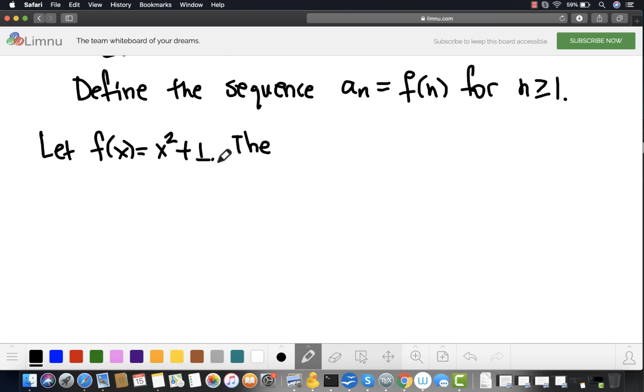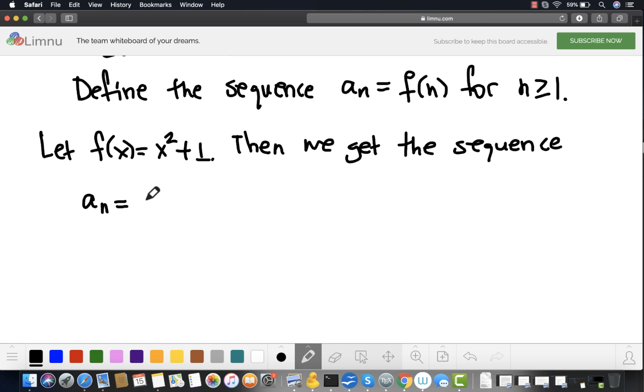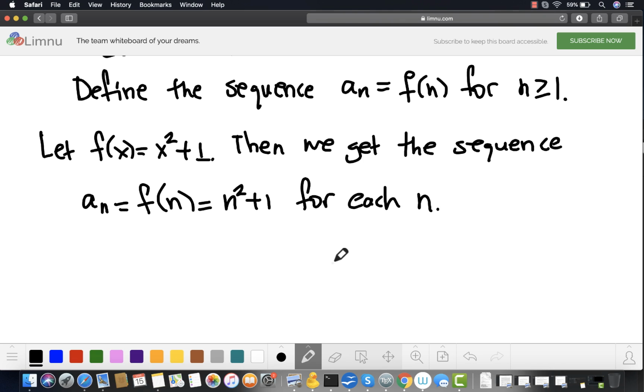Then we get the sequence defined by a sub n equals n squared plus 1. Because a sub n equals f of n, and that is n squared plus 1 for each n. In other words, I have defined a sequence whose nth term is given by the formula n squared plus 1.